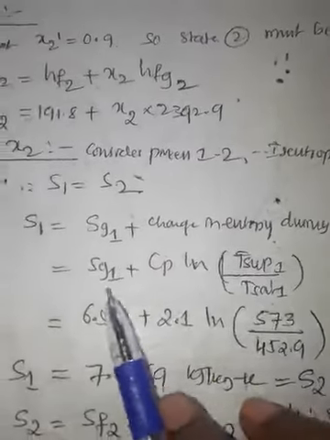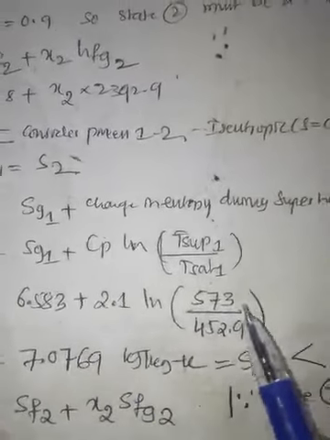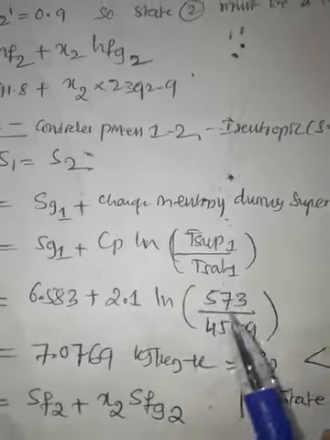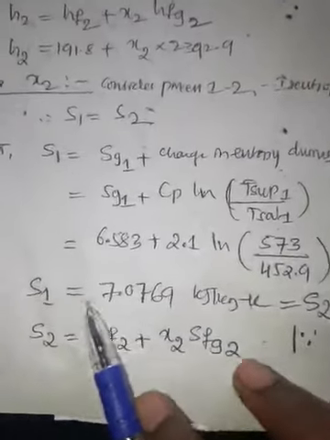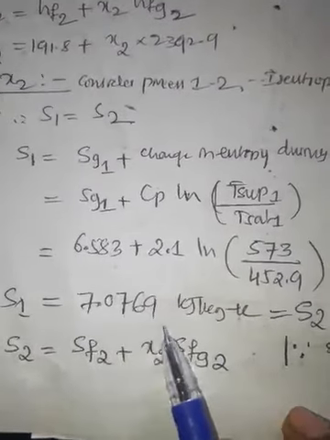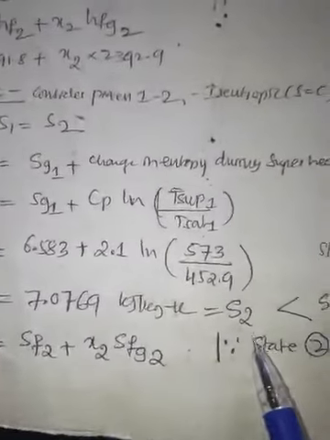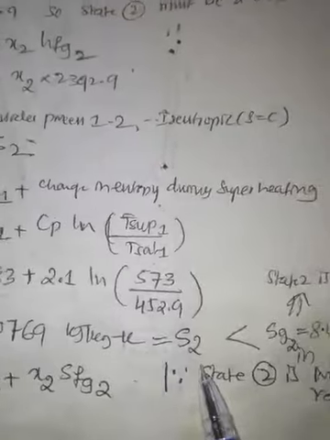We have the values 6.583, 2.1 ln 573 by 452.9, T saturation. After this I calculated the S1 value as 7.0769 by operating the calculator, which must be equated to S2, the entropy at point 2.